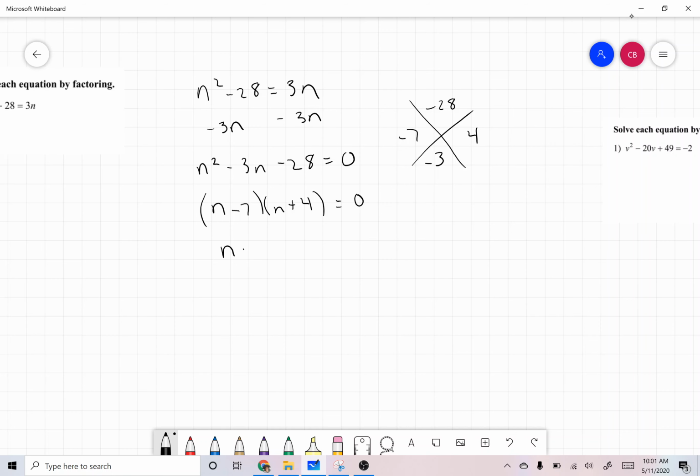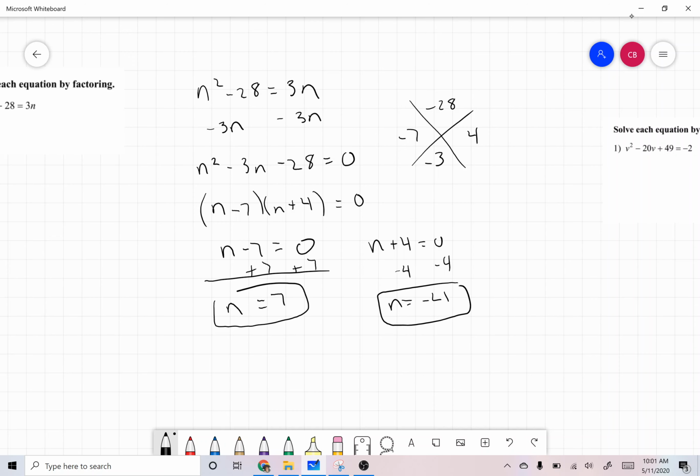And so n minus 7 is 0, which means n is equal to... oops, let me redo that. n minus 7 equals 0, we add the 7. N is equal to 7 as a solution, and n plus 4 is equal to 0. We subtract 4, and n is equal to negative 4. These two answers solve this quadratic, finding the zeros of the quadratic.